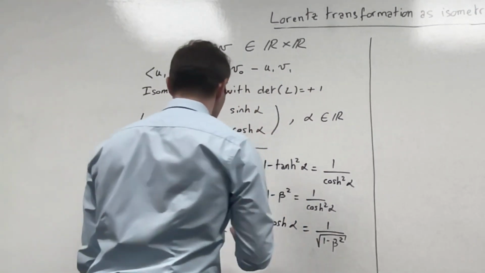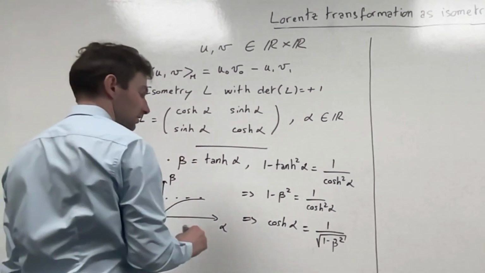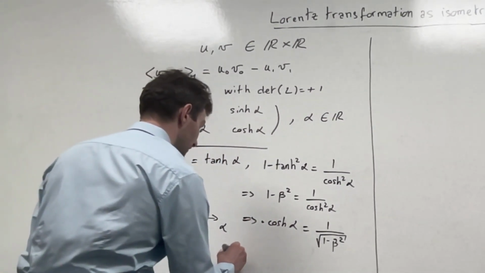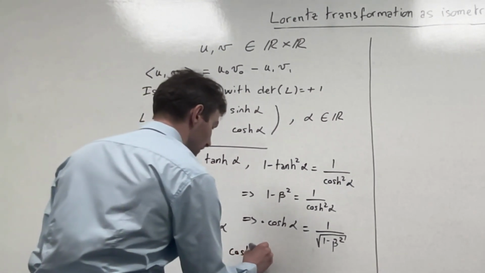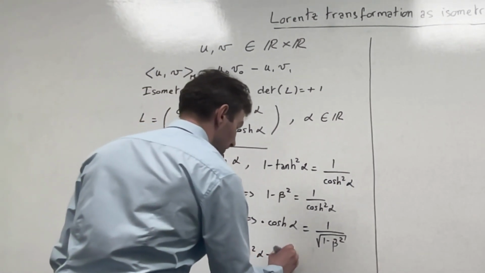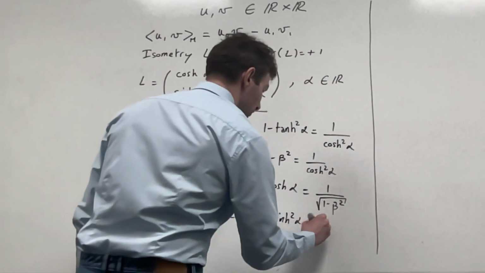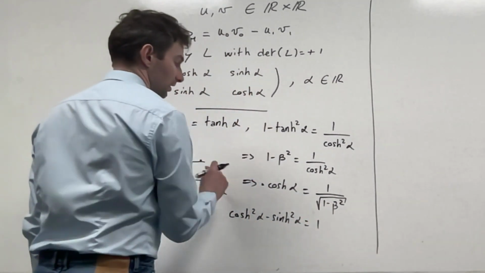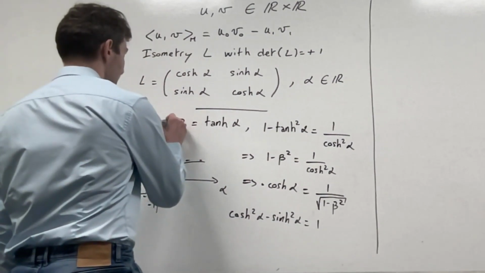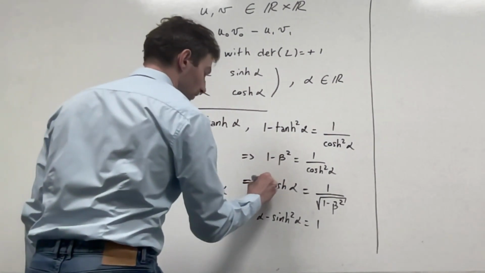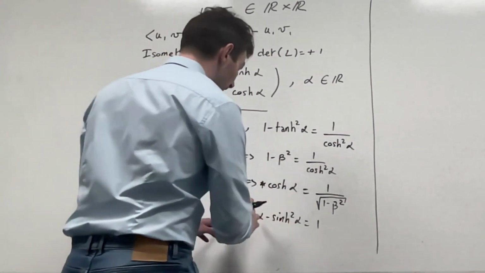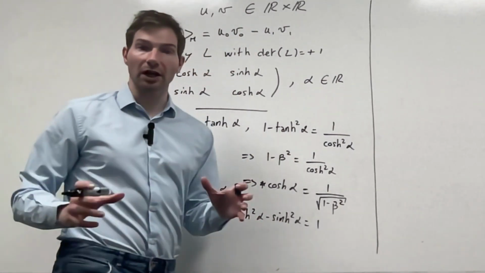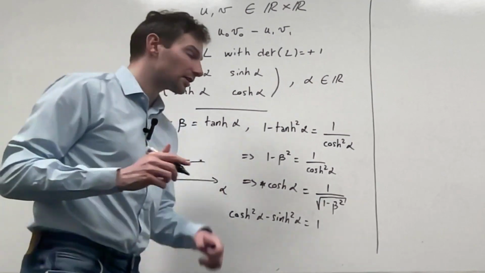And then another thing is that cosh squared alpha minus sinh squared alpha is equal to 1. Okay, so that's another property. Again, these are the important equations we're going to use. This is another identity of the hyperbolic trigonometric functions.